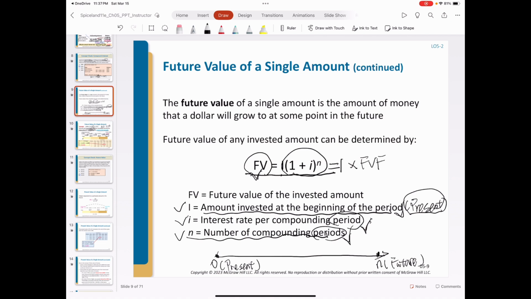It is determined by n and i. In the intermediate accounting textbook, you may find a chart showing the future value factor of a single amount, which is a two-dimension table.